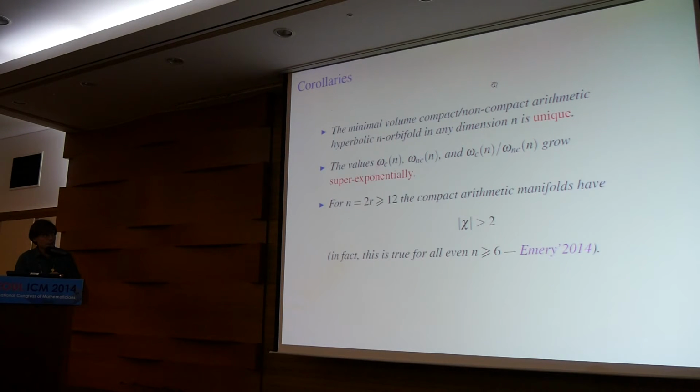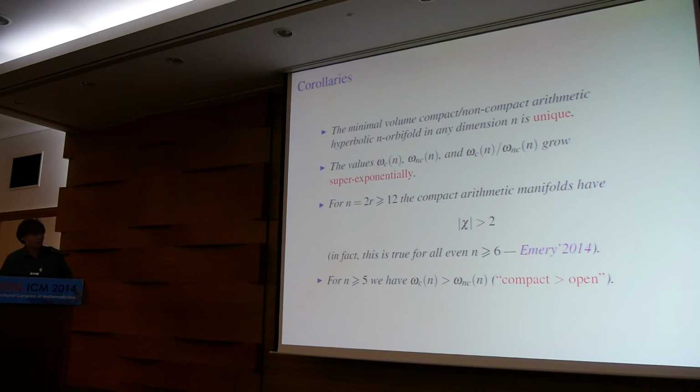Here is another corollary: for even dimensions at least 12, and later it was improved to 6 by Emery in his paper, there is no orbifold or manifold with Euler characteristic 2, so there are no arithmetic rational homology spheres in these dimensions. In dimension 4, this is still open, and it's the same computation which I mentioned, which was never done.